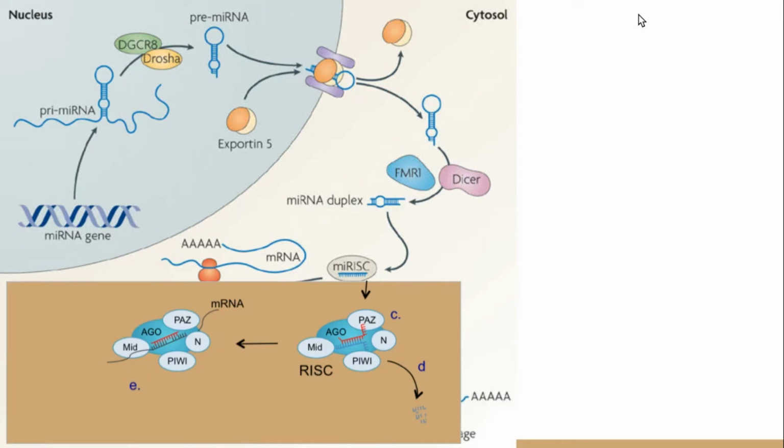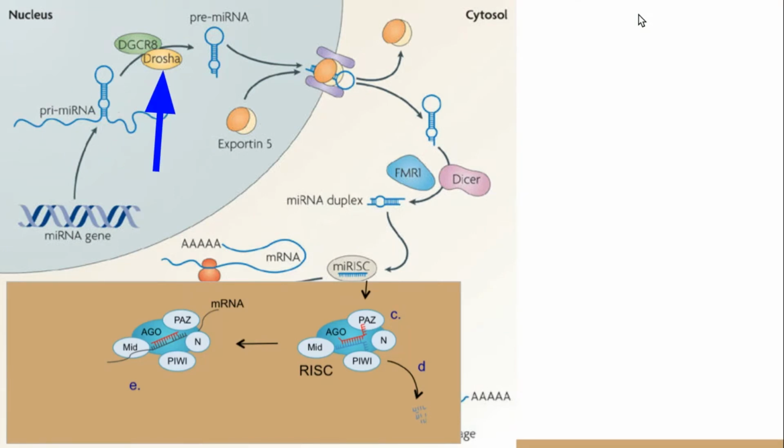It's really quite ingenious. Regardless of where the microRNA comes from, once it gets transcribed, it folds into a very important stem loop structure. This secondary structure is required in order for the microRNA to be processed.